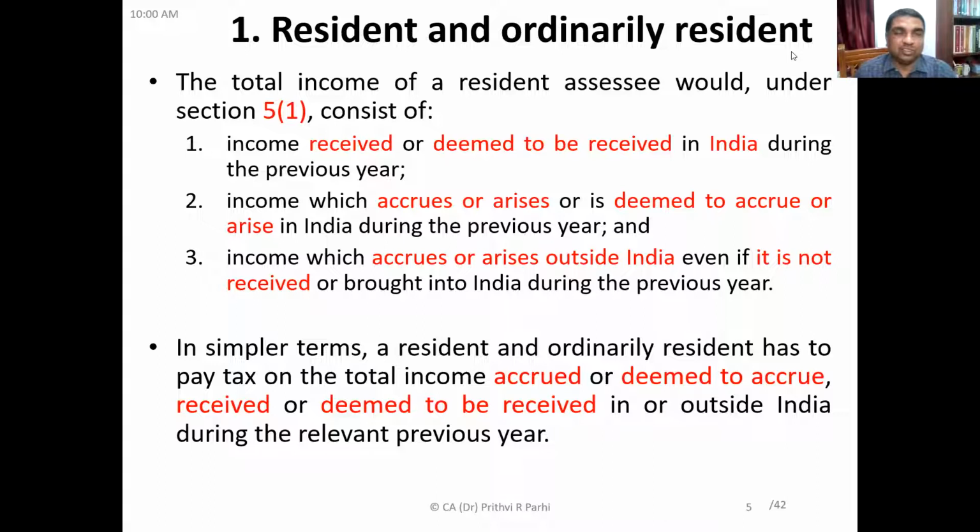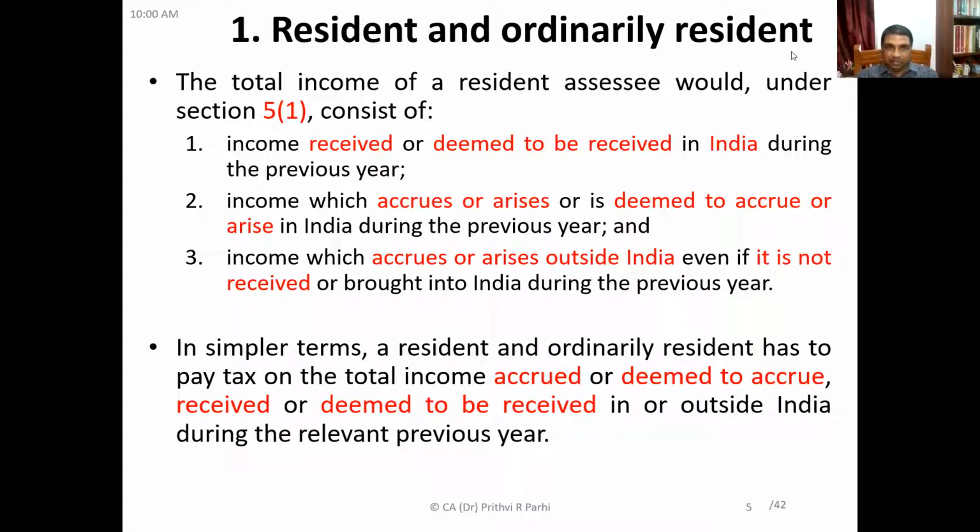Right. So now if you read, the total income of a resident assessee under section 5.1 consists of 3 things. What are these 3 things? Number 1 is income received or deemed to be received in India during the previous year. Second, income which accrues or arises or is deemed to accrue or arise in India during the previous year.